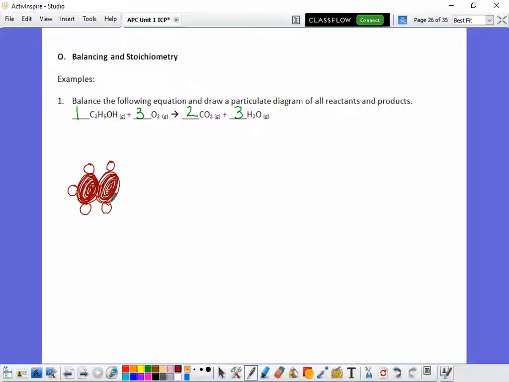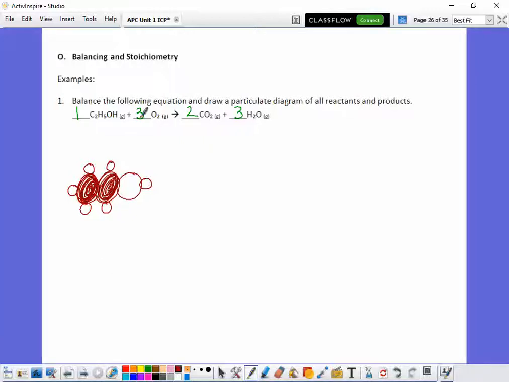And there's also the oxygen atom on there. So I'm going to represent oxygen with a large open circle. And then there's also another hydrogen like that. With the particulate diagram, you don't necessarily have to include a key to say this is carbon, this is oxygen, this is hydrogen. I'll know enough. I'll know sooner or later.